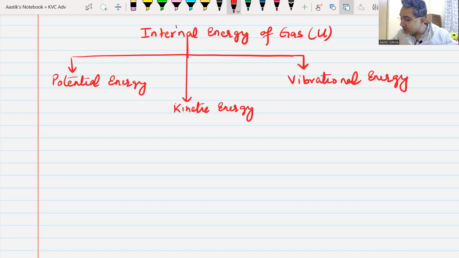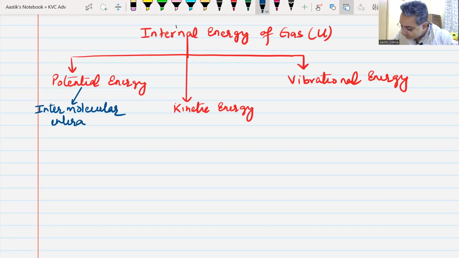Now, this potential energy comes because of intermolecular attraction or intermolecular interaction, interaction between molecules.